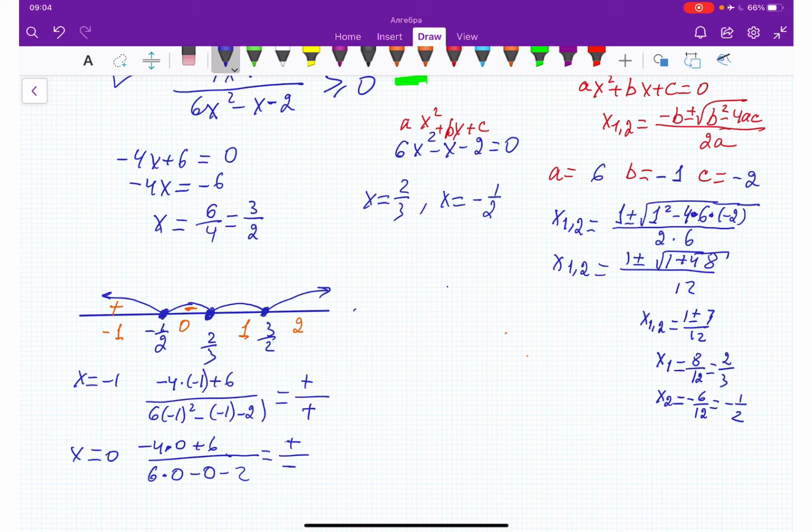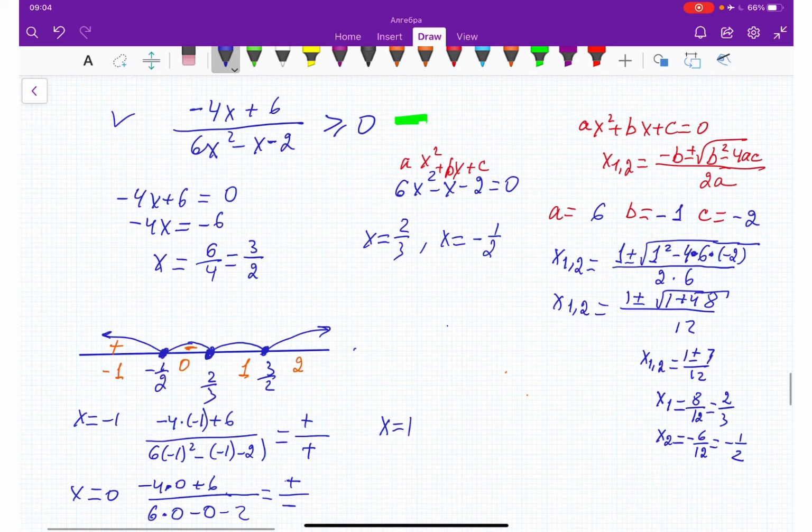So x is equal to 1. It's going to be -4 times 1 plus 6, 6 times 1 squared minus 1 minus 2. What is it going to be? This is going to be positive. 6 minus 1, 5, which is also going to be positive. So it's going to be positive.